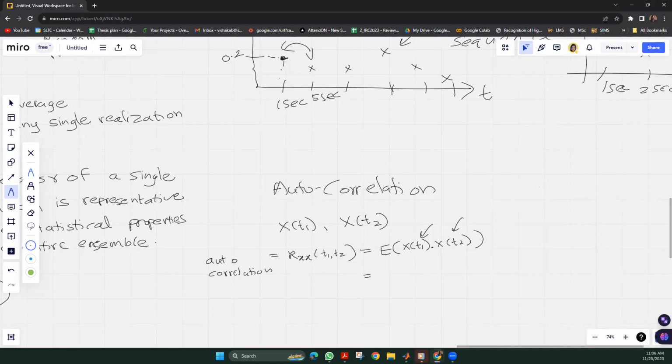This one we can also denote using integration, and that integration will look like this.